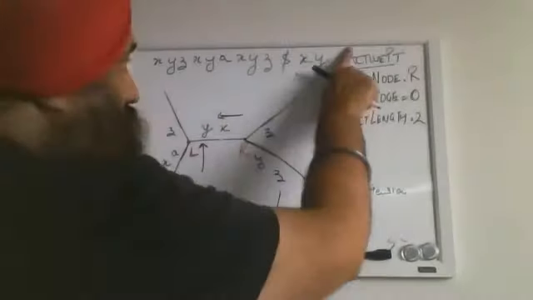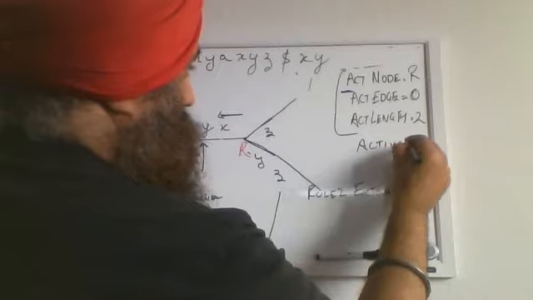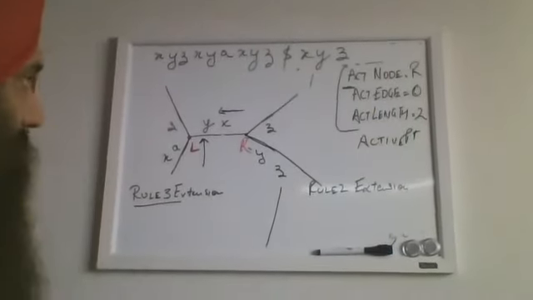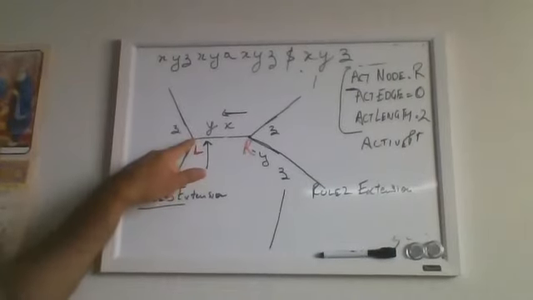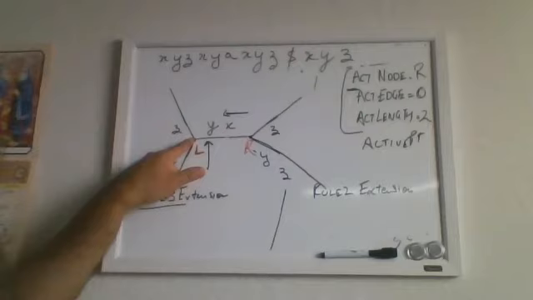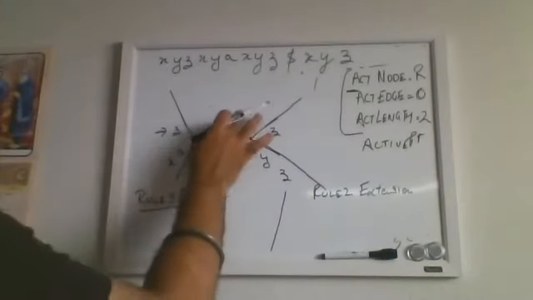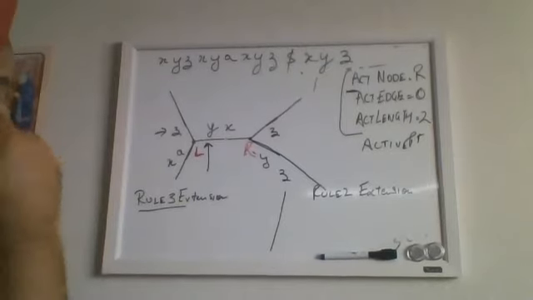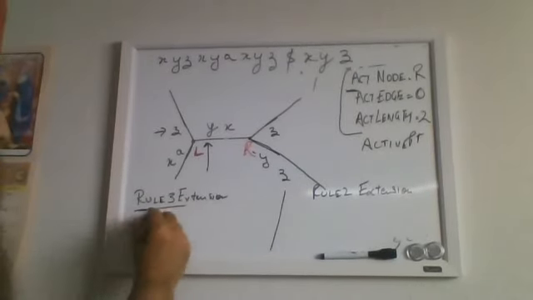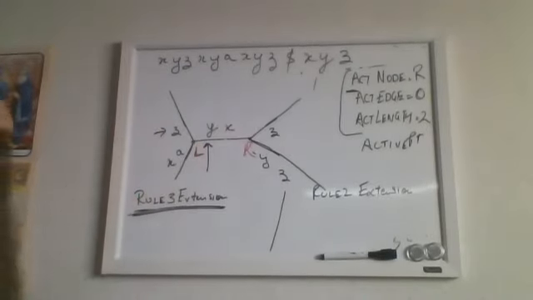Now after that y, suppose you had to add a z. From this active point, you see z is there. But now you have jumped a node to get here. So with active points, when you jump a node with a rule 3 extension, the string is already present, so you do nothing.